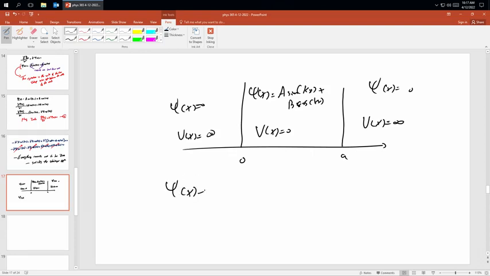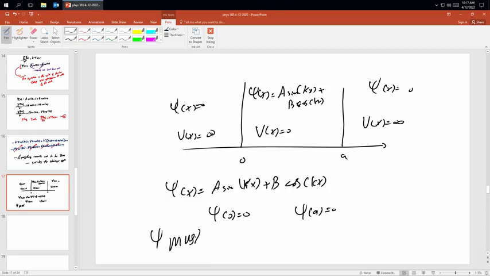So psi of x, let me just write this down, is a sine k of x plus b cosine k of x, where you bound this condition: your psi of 0 is going to equal to 0, and the psi of a is going to equal to 0.